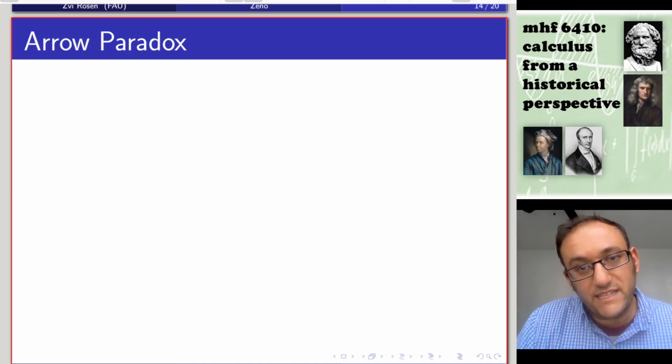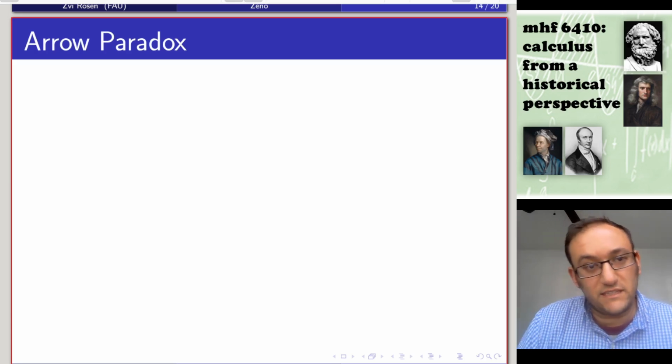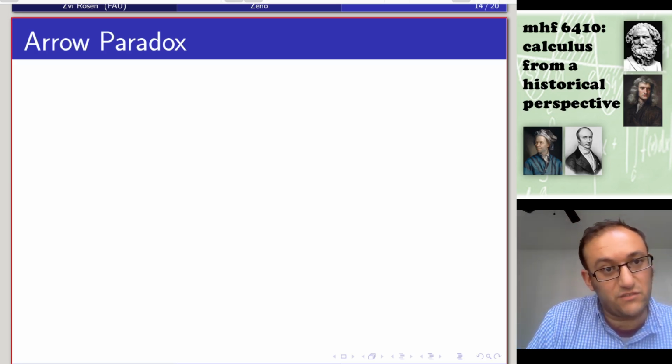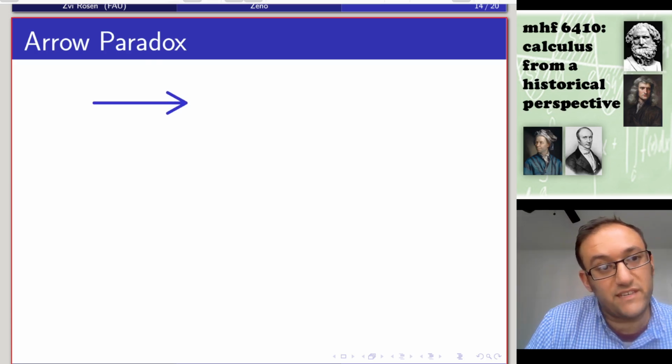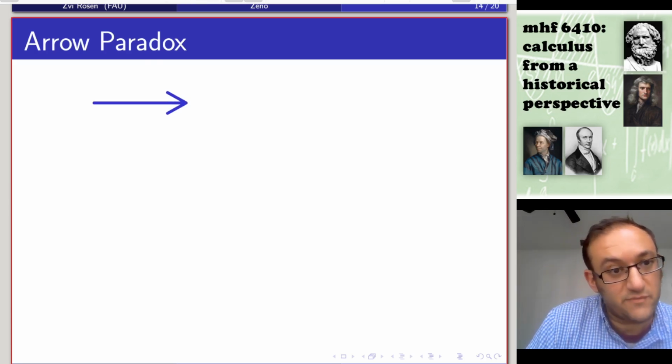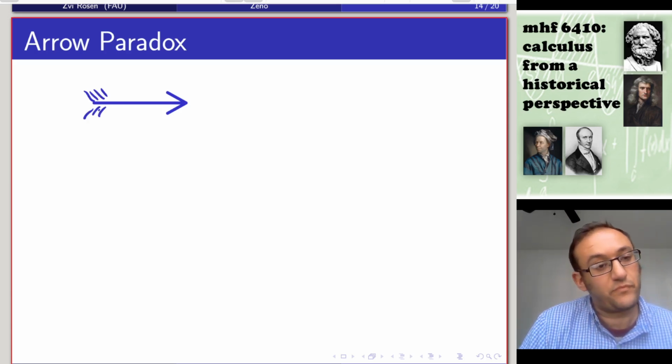Okay, so the idea here, it's a little difficult to translate into, let me see if I can get an arrow. Here we go. Okay, so let's say we have this arrow. Add some feathers. Okay.